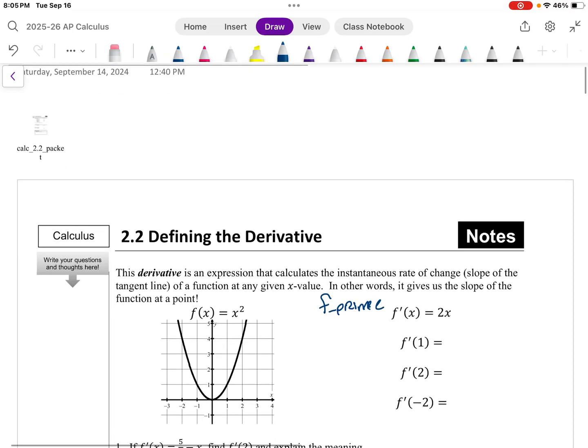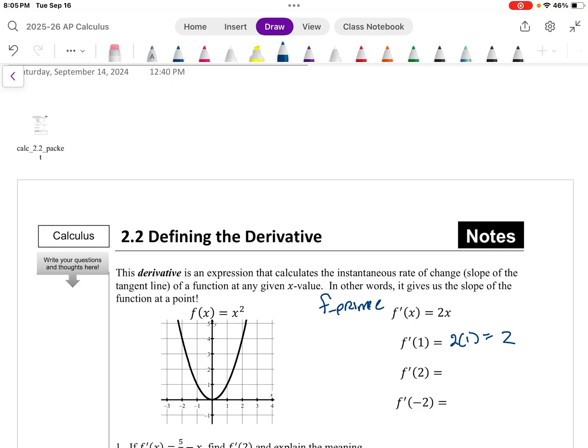And so down below, we have three different problems where they ask us to estimate or calculate the instantaneous rate of change when x is a certain value. All we would do is take our derivative function and ask, what is f prime of 1? Well, 2 times 1 is 2.